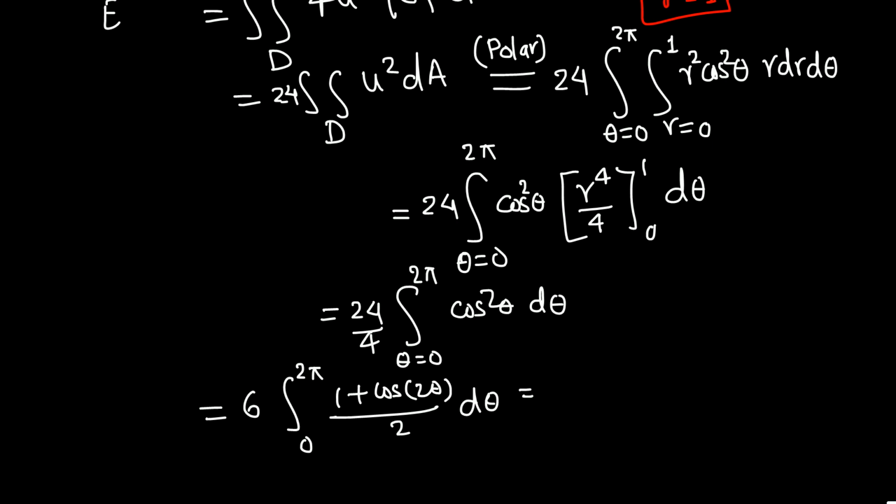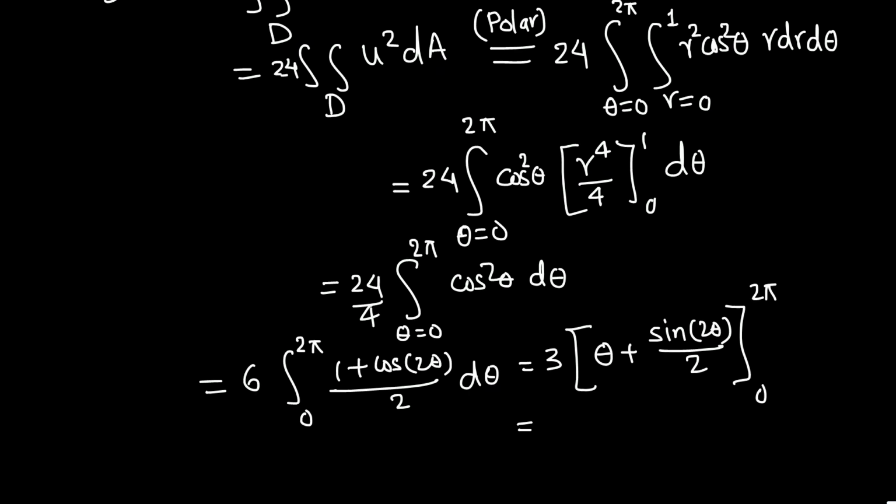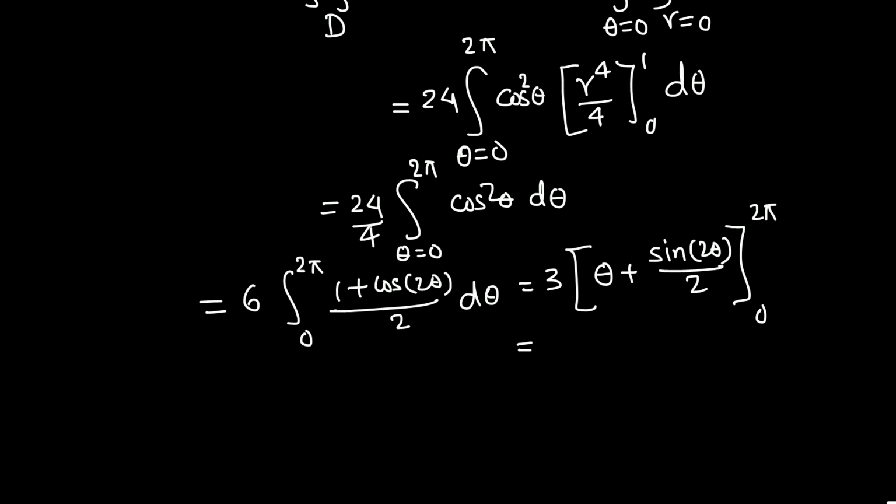This 2 can be pulled all the way outside, in fact, 3. Let's integrate. The antiderivative of 1 is theta, plus cosine 2 theta integrates to sine 2 theta over 2 because of the angle 2, and we evaluate from 0 to 2 pi. So the final answer we are getting here is 3 times the following.